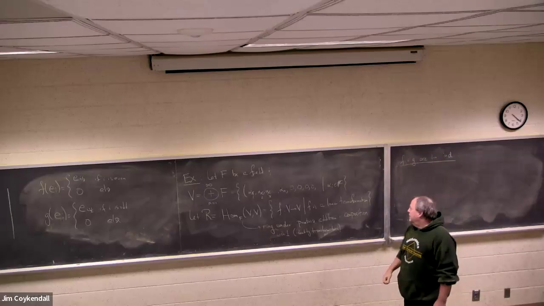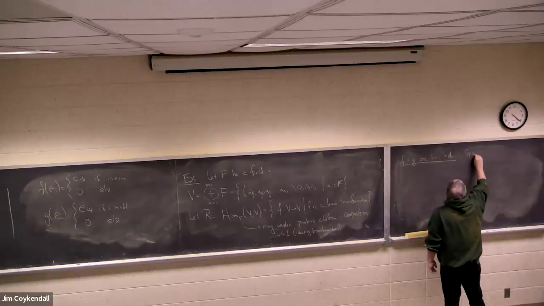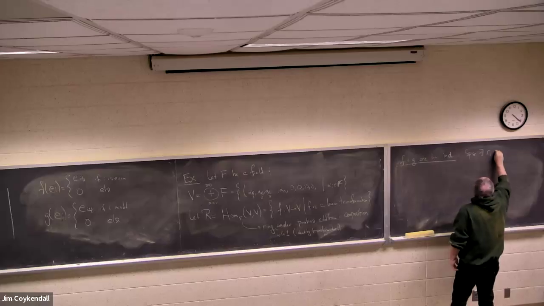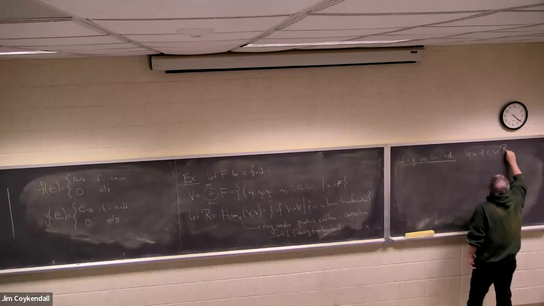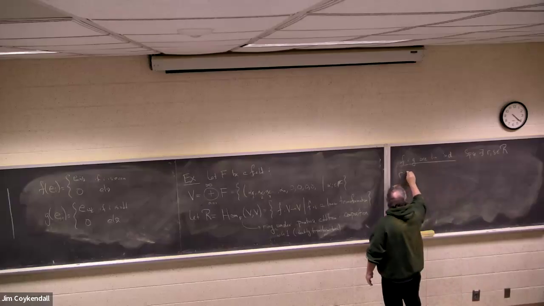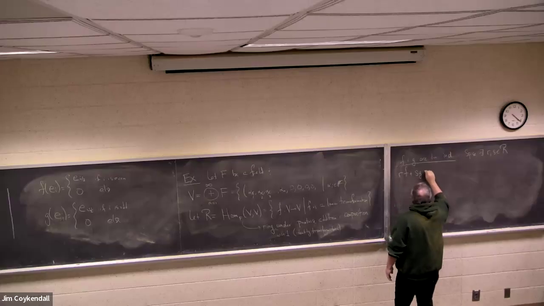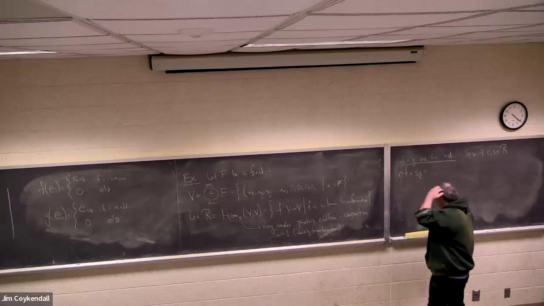Let me prove this. So suppose there exist r, s in R, so these are other homomorphisms, such that rF plus sG is equal to the 0 homomorphism.